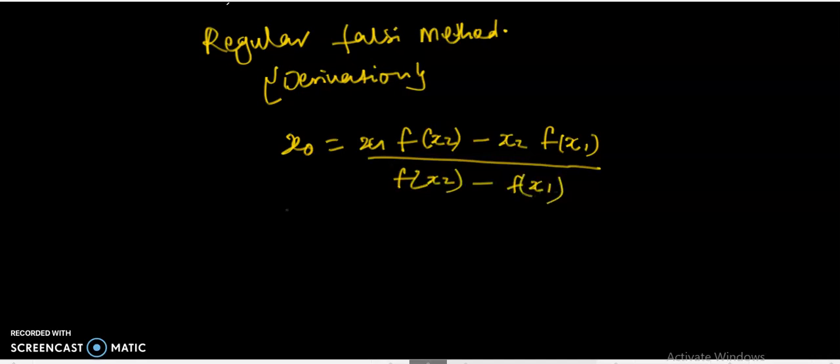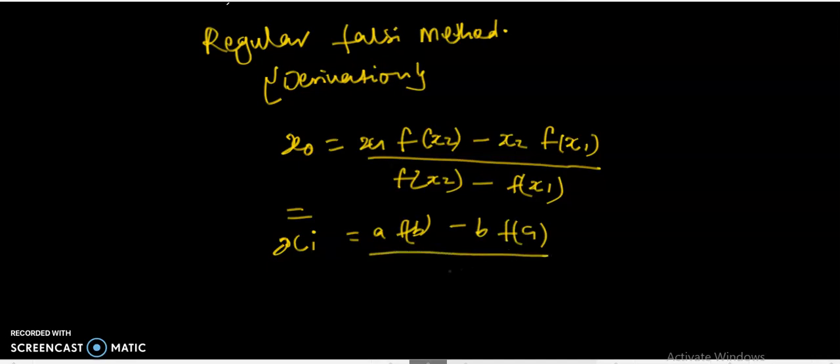Of course, some people will give you another formula, which we call x, the initial position. So xi will be equal to a f of b minus b f of a, and all this is divided by f of b minus f of a. So whichever formula you choose to use, you will arrive at the same answer.